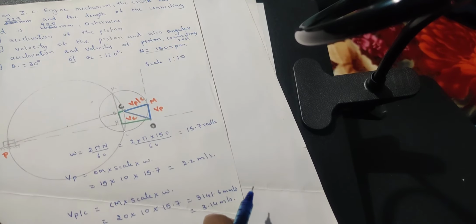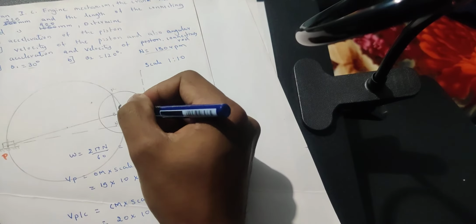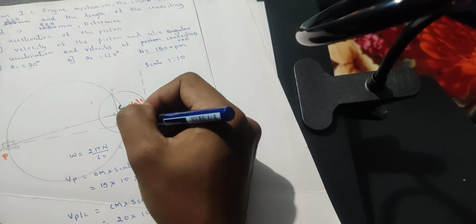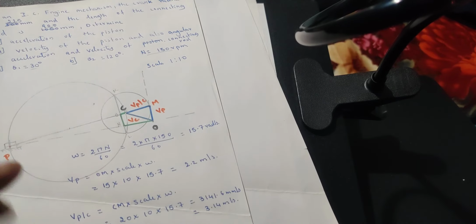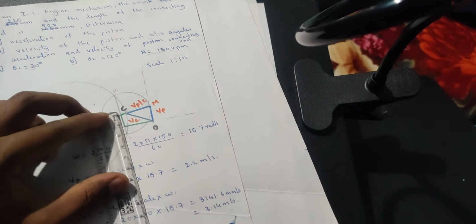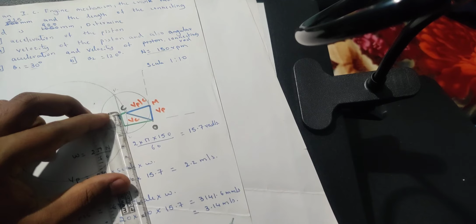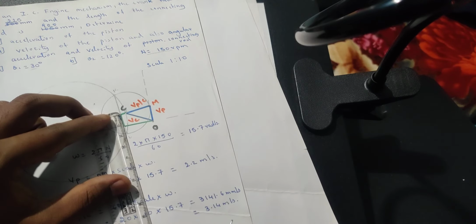So first we have to see what the tangential acceleration is. Tangential acceleration is nothing but QN or NQ of this particular mechanism. If you check the distance here, it is 11 mm. So I want the tangential acceleration.